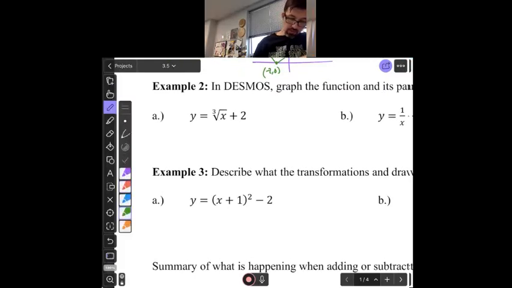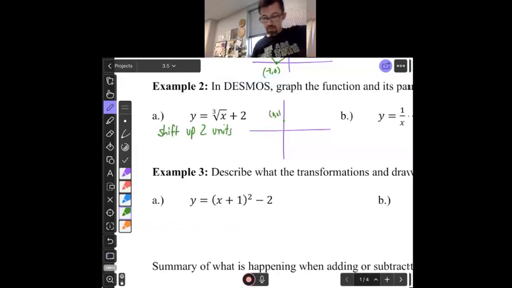So here we had a shift up 2 units. That graph started at 0, 2, and again, a pretty flat curve off to the right, up, down to the left.